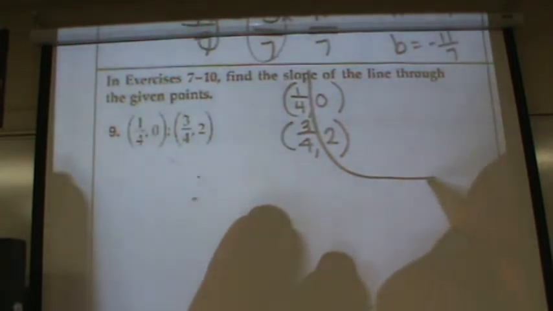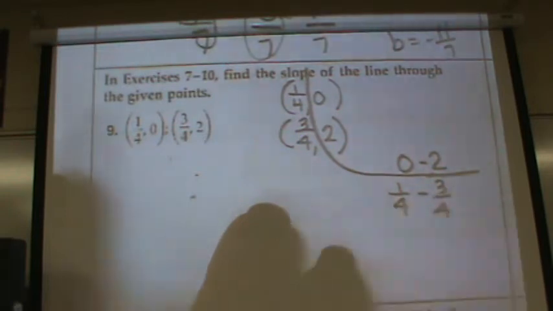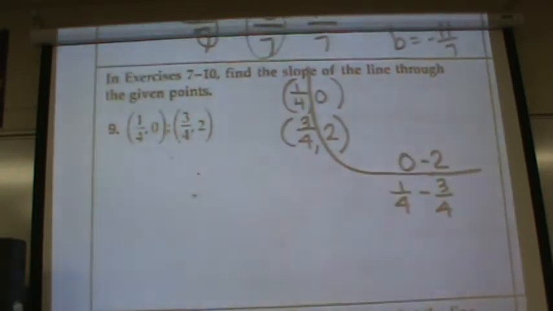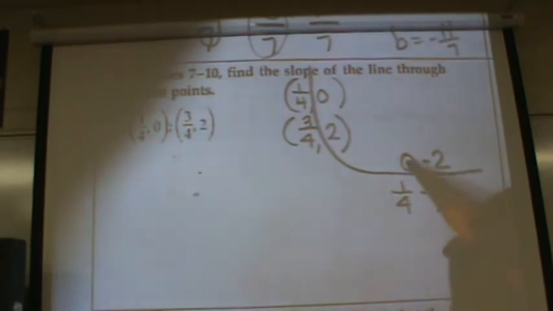So we have, in the numerator, 0 minus 2, and in the denominator, 1/4 minus 3/4. Now, what you're gonna notice is, in Algebra 1 and Algebra 2, we didn't deal with complex problems like this. It's a compound fraction.